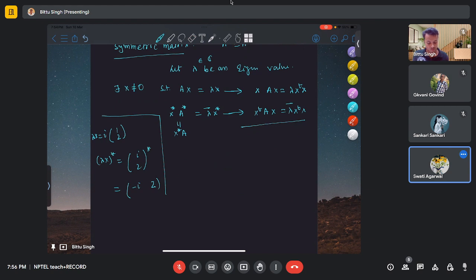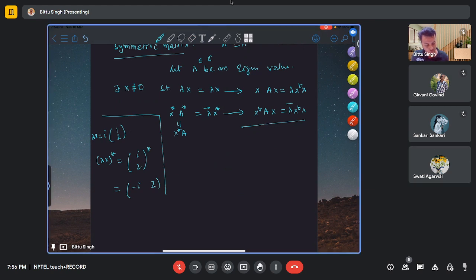But if you only do the transpose, this is not actually the same as lambda x star. I am saying that you need to take the conjugate transpose here, then it will be the same. Now you can see the fact.